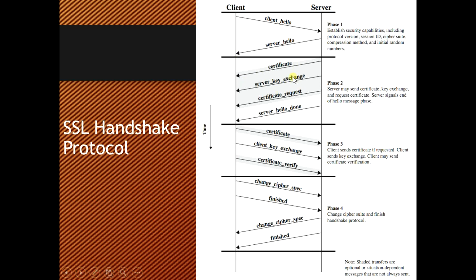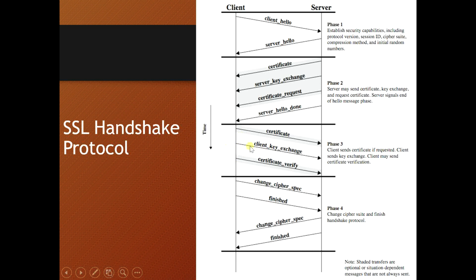In phase 2, the server will exchange certificates and will request client certificates. So it is the server who will request the client for the client certificates, and it will send its certificates to the client.